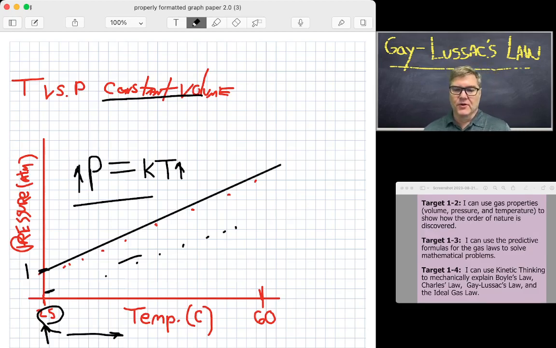Now, the K is there as a correction factor, because if the K wasn't there, what you would have is pressure equals temperature, and that's clearly not the case. We have a 25 degree temperature and a 1 atmosphere pressure at the very beginning, the first data point, so they don't equal one another.